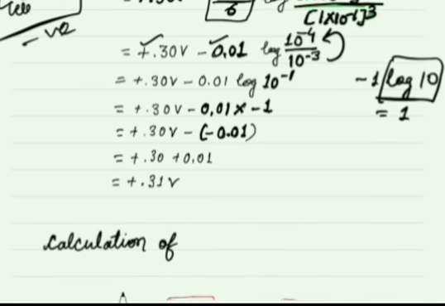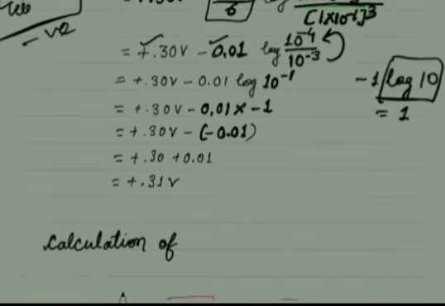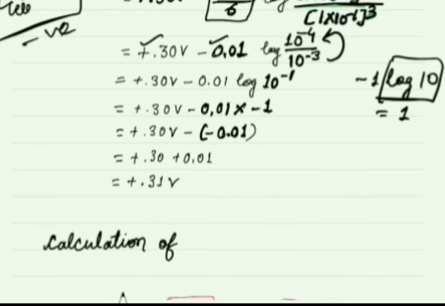This value will be minus 0.01, and when it is subtracted from plus 0.30 volt, minus minus plus हो जाएगा, so it will become plus 0.30 plus 0.01. So ultimately we will get plus 0.31 volt.